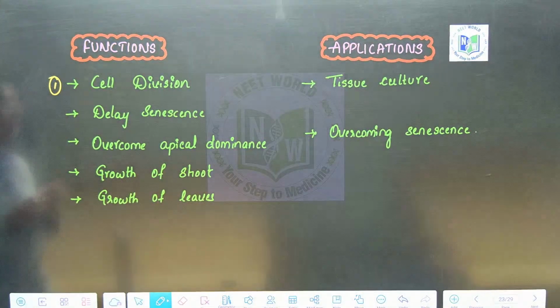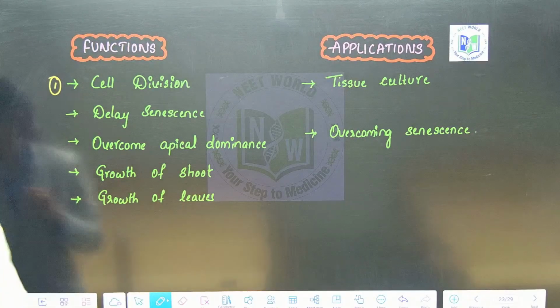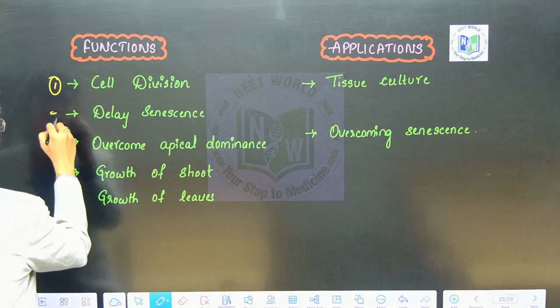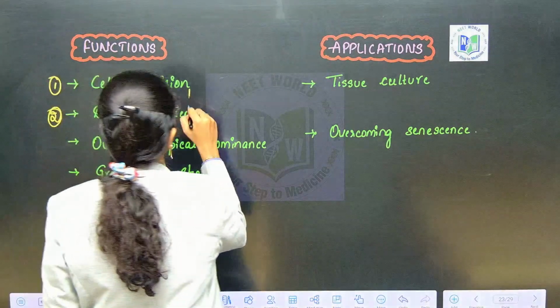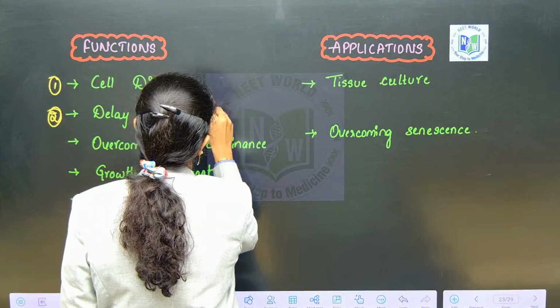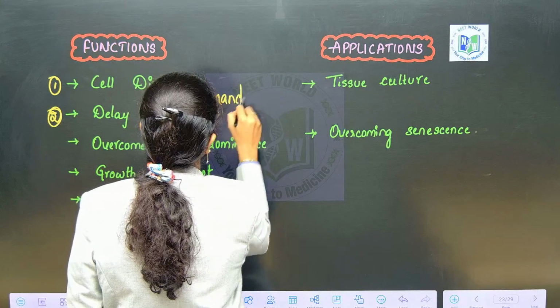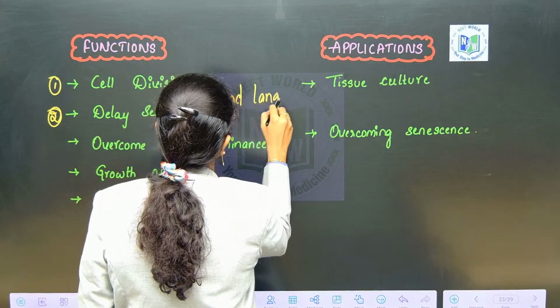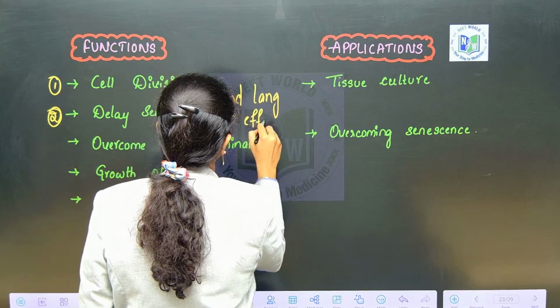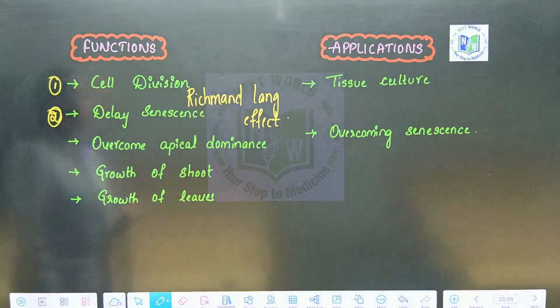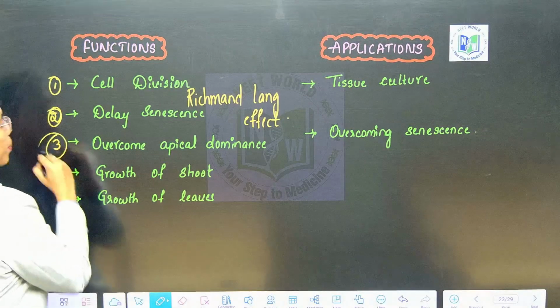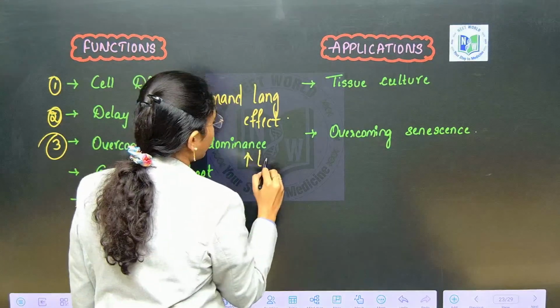It will promote the active cell division. Second, that is delay in senescence, which is shown by Richmond-Lang effect. Fine, and this overcomes apical dominance by promoting the growth of lateral buds.